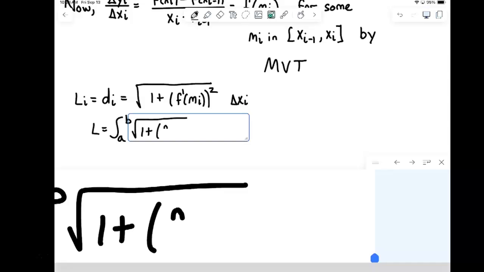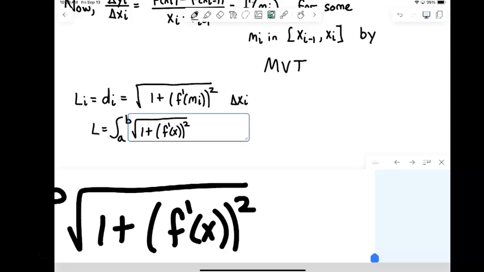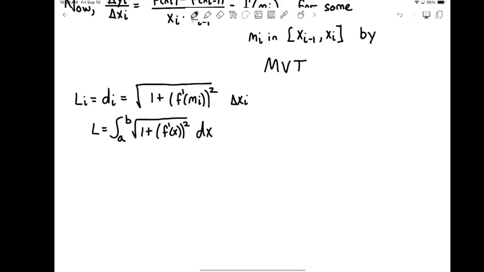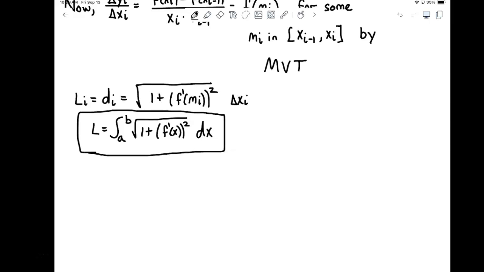So that actually just becomes f prime of x squared, and delta xi becomes dx. And so now we have derived the formula for the arc length of a curve. So it turns out it's actually the square root of 1 plus the derivative squared, the integral of that stuff.